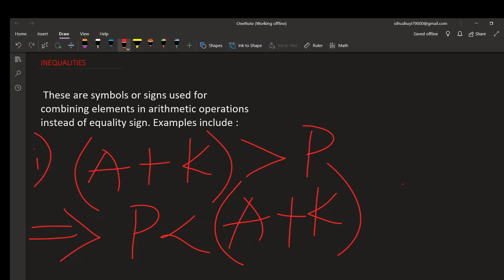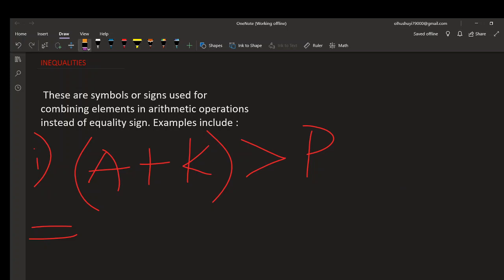Let's talk about property two. You have a minus sign here, a negative sign here.